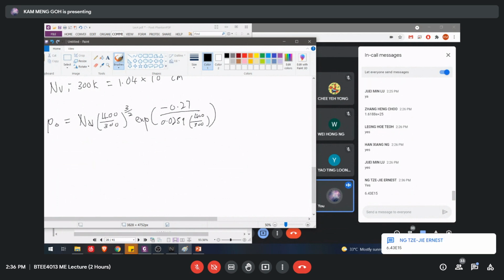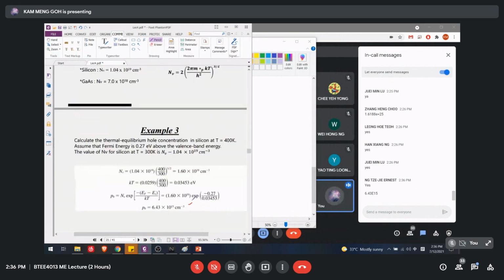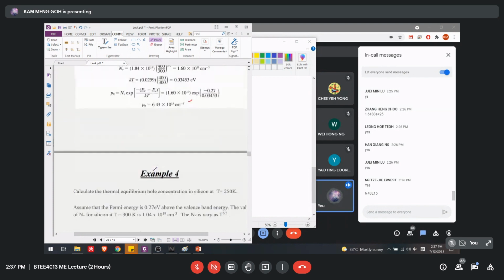Okay, 6.43. Let's see the answer. Okay, the answer is already given in the slide actually, so you don't have to waste your time to do it. You can see that the way he answered the question is the one that I told you just now. So basically if you are using the same step, you are able to get the same answer.